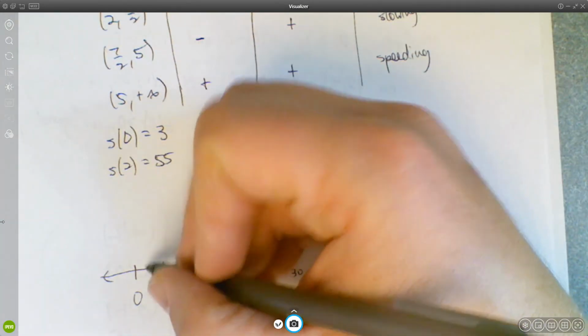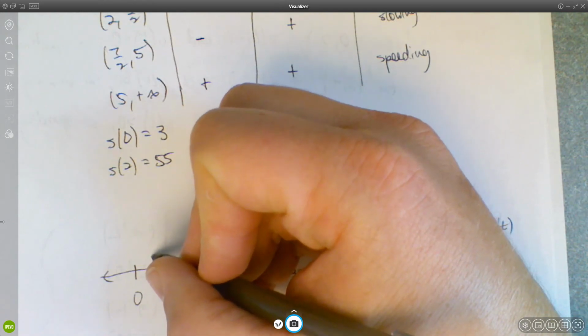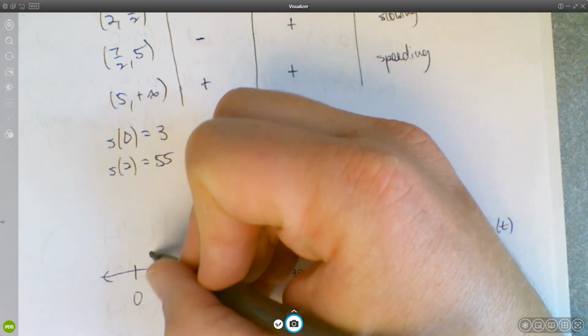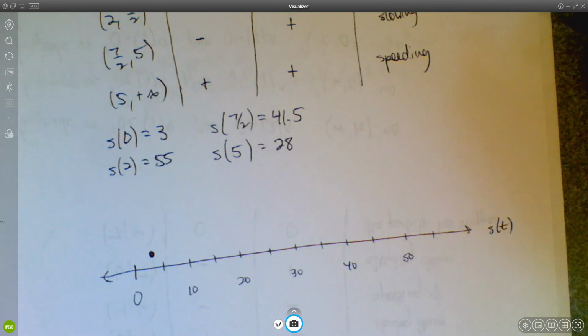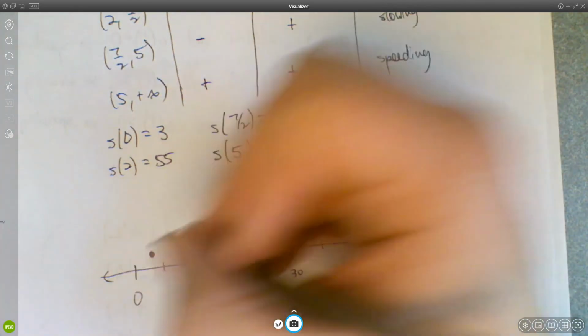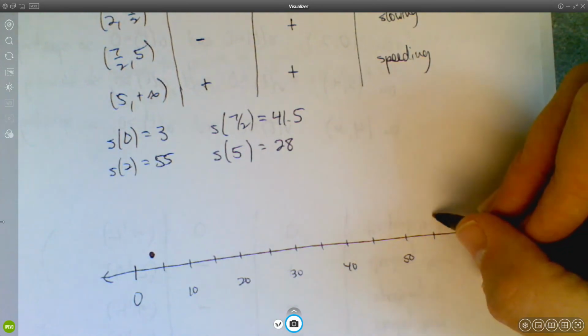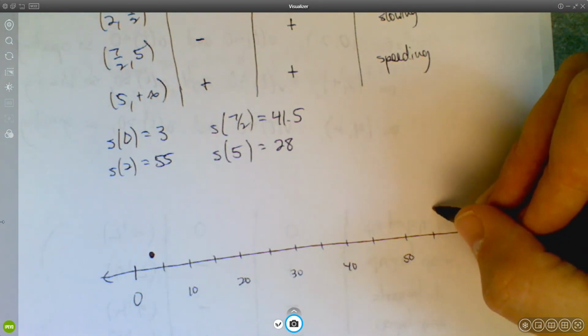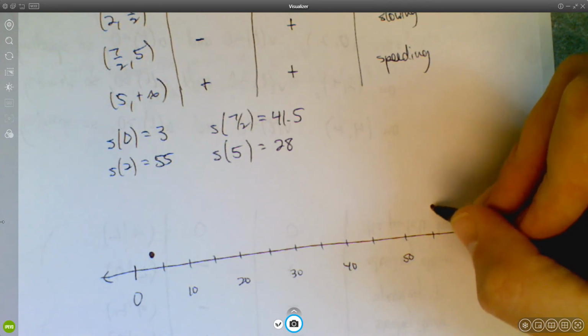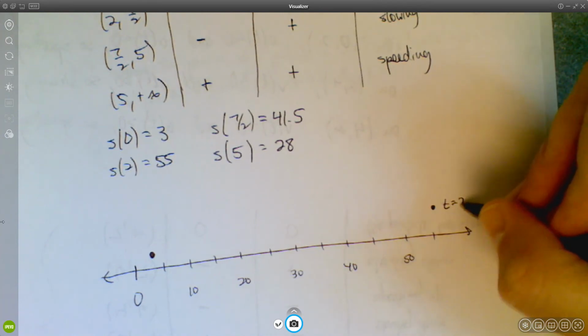So we're starting here at 3. This is our starting point, at t equals 0. And then by the time we get to 2, we're all the way up here to 55. So this is at time t equals 2.